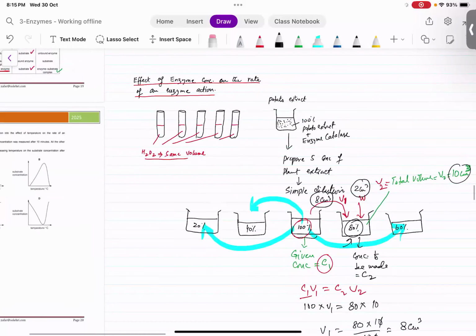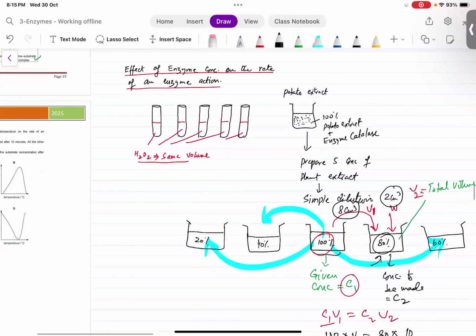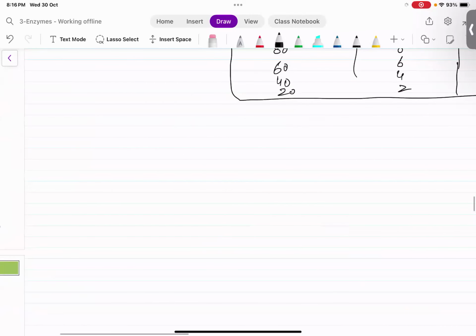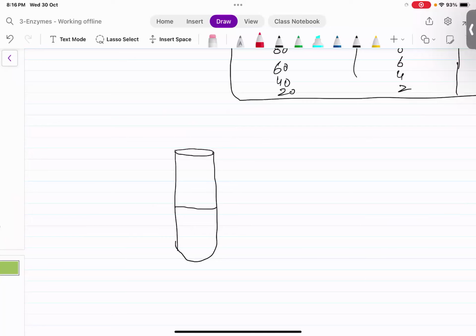And then what we do, we take one of these test tubes from here. In this test tube, which is placed at some temperature in a water bath, hydrogen peroxide is already added.